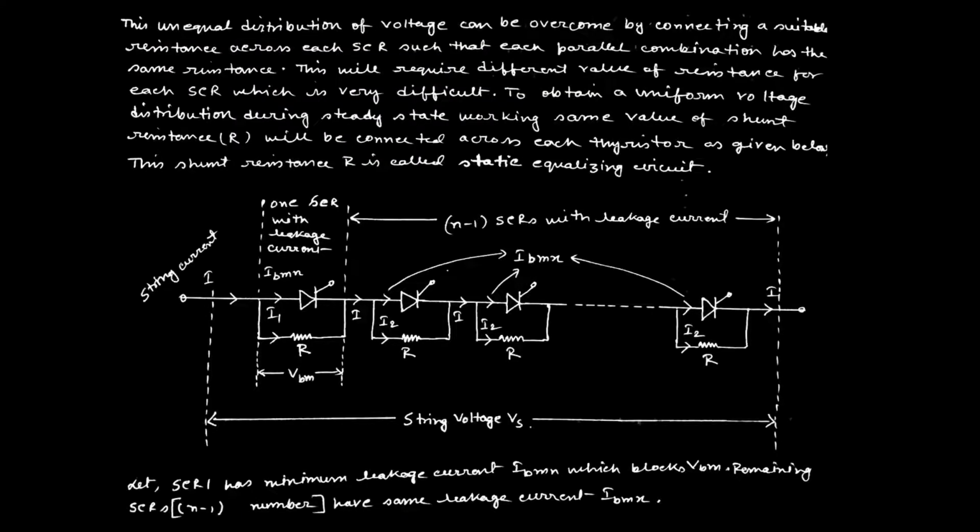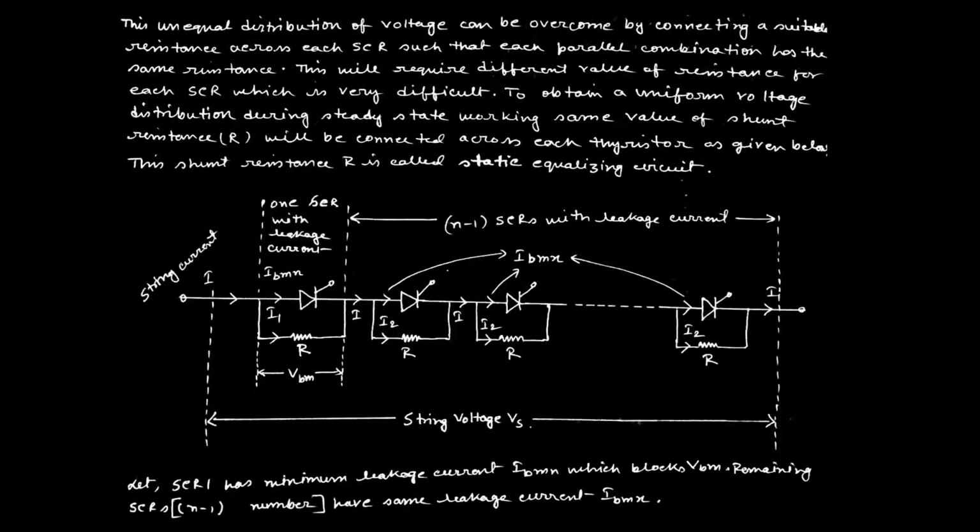See, this unequal distribution of the voltage can be overcome by connecting a suitable resistance across each SCR such that each parallel combination has the same resistance, in which case we can say the potential difference across the SCR will remain the same.